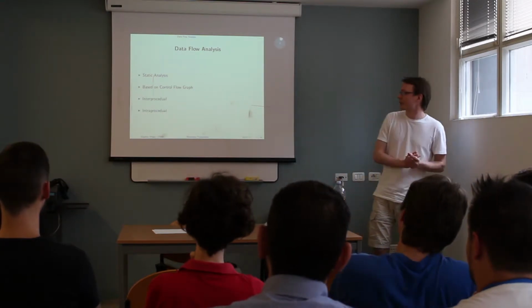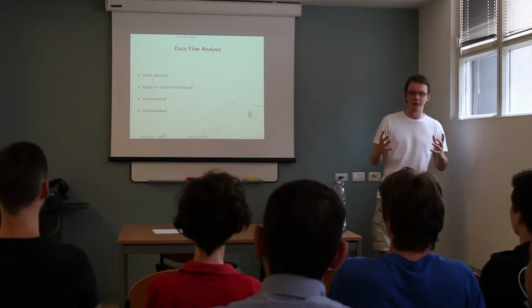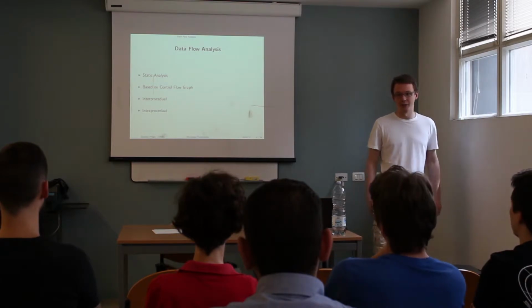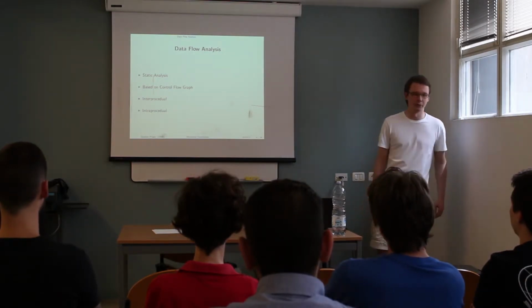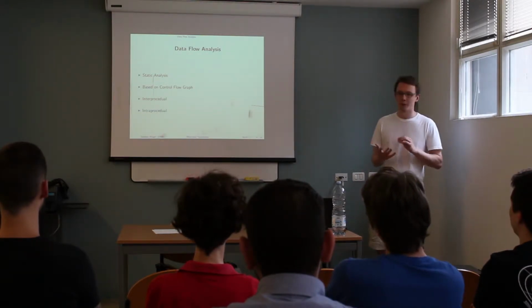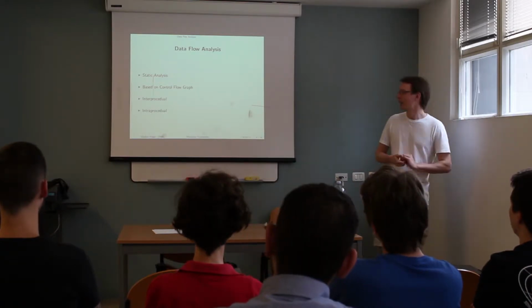Data flow analysis is usually used as a static analysis, so the program you're trying to analyze is not executed, which has of course the typical pros and cons. It is based on the control flow graph. You will see some examples of the control flow graph later on.